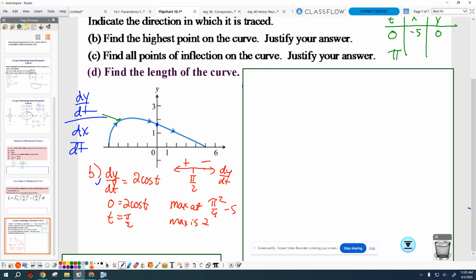And then we get the wrinkle of it asks for the highest point. To me, highest point, even though they're saying point, means what's the altitude? What's the height of the mountain? To me it means just height. But I don't know what they're asking for, so I'm gonna say, well, at time pi over 2, the maximum occurs at pi squared over 4 minus 5, and the maximum actually is 2. So I'm answering everything they wanted. I don't know which thing they want, but they're all there.